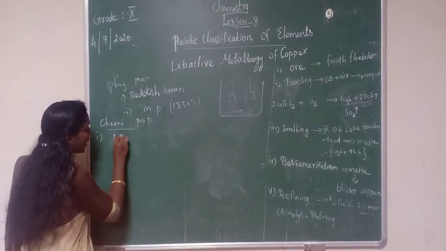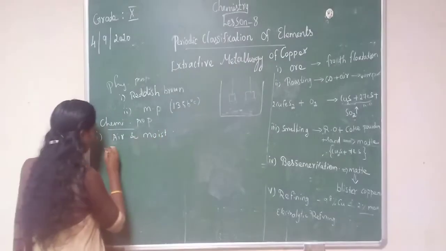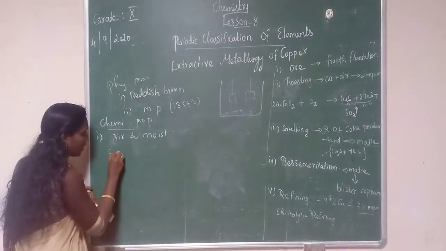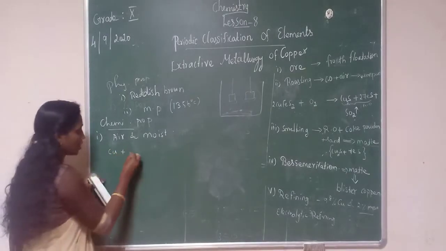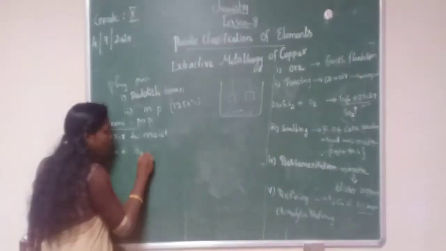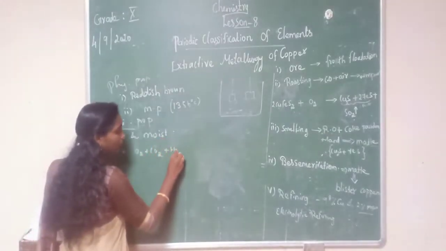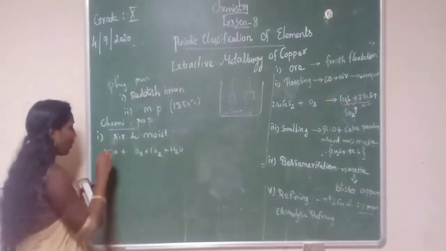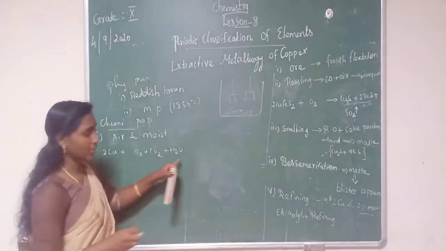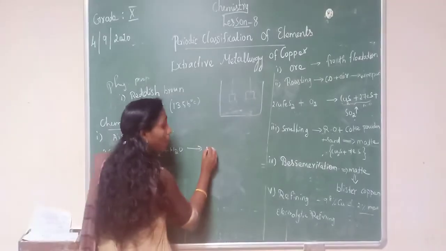Reaction with air and moisture. When copper reacts with the air, air contains a mixture of gases, right? Oxygen, carbon dioxide, and moisture, that is water. When copper reacts with the air and the moisture, we will get a green layer of copper carbonate.